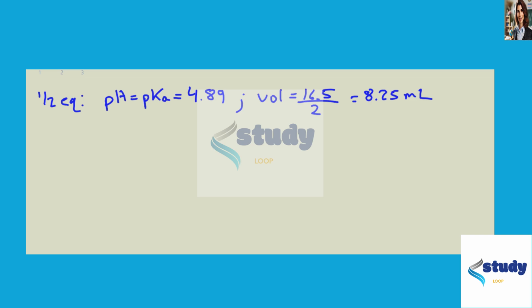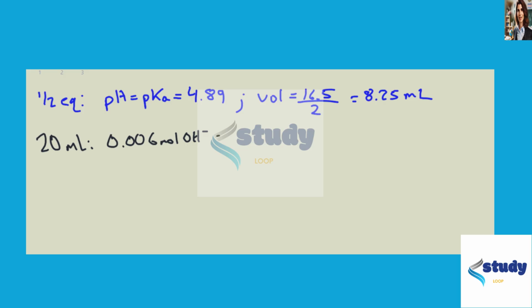Now it asks us to calculate 2 more points, 20 milliliters of added base. So at this point, we have the base being dominated, the strong base. So we need to calculate the excess hydroxide.